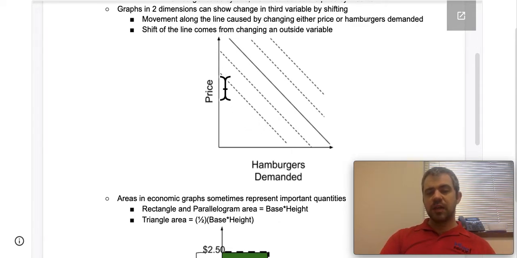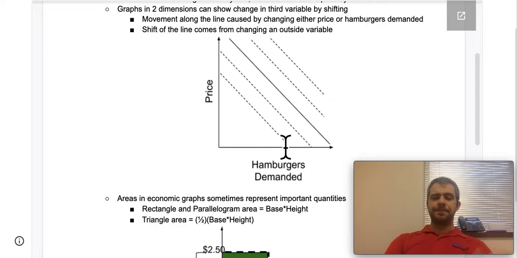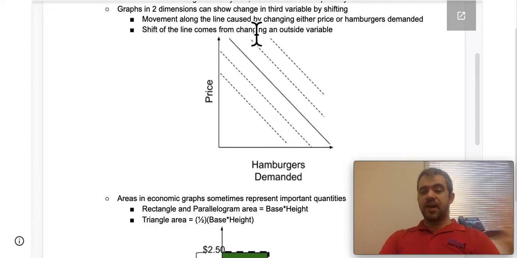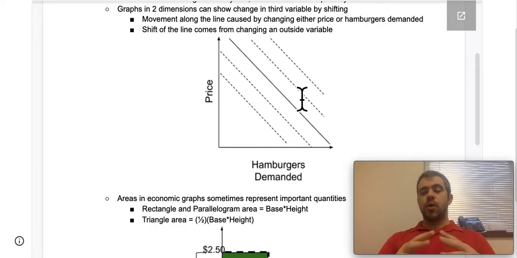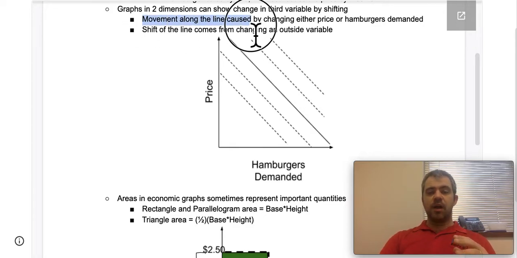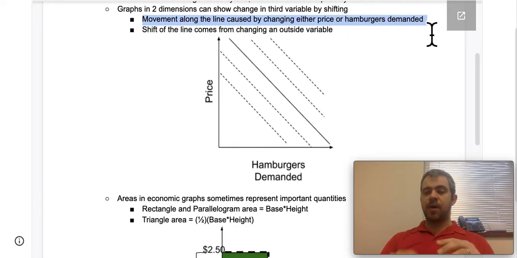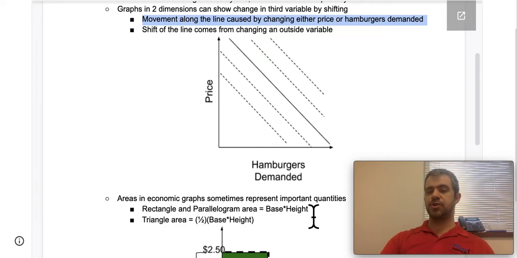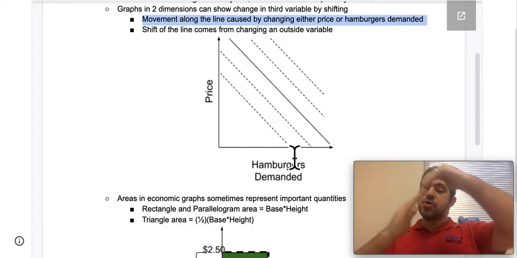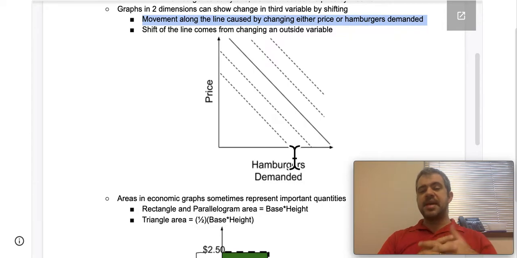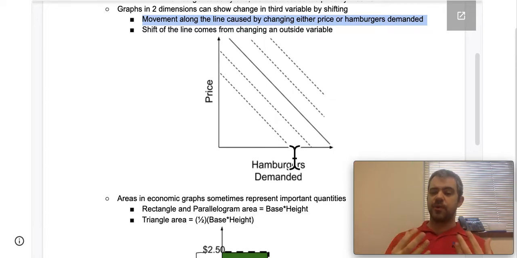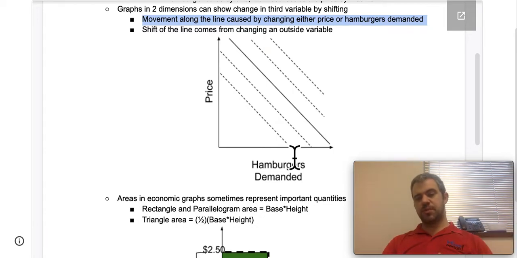So the entire line shifts here. All right. And the same thing if we increase. So again, movement along the line is caused by one of these two variables changing. But if that line moves, then what that means is that some other variable has changed it. Okay, so we can show a third variable by shifting this 2-dimensional graph.